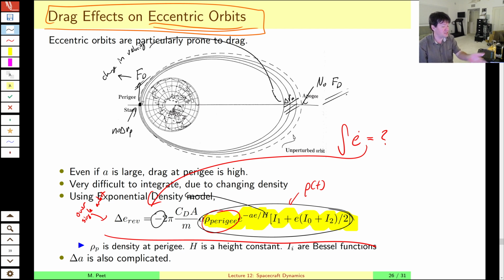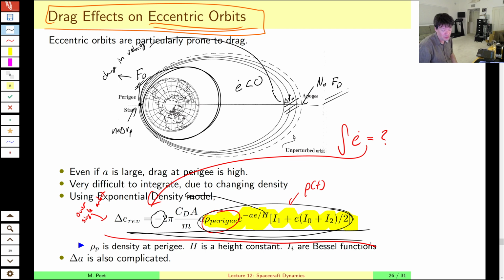So what it does is reduce apoapsis until it basically matches periapsis, at which point you have a circular orbit. So e dot is decreasing. The effect of drag is always to reduce eccentricity. And this just gives an expression for how much it's reduced over a single orbit.